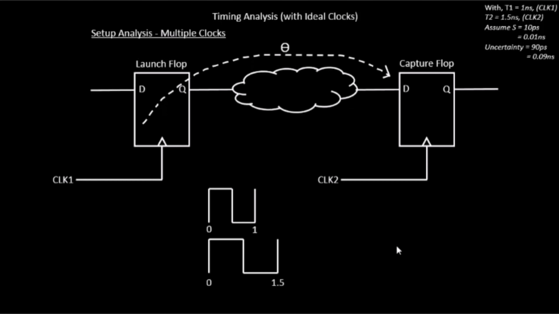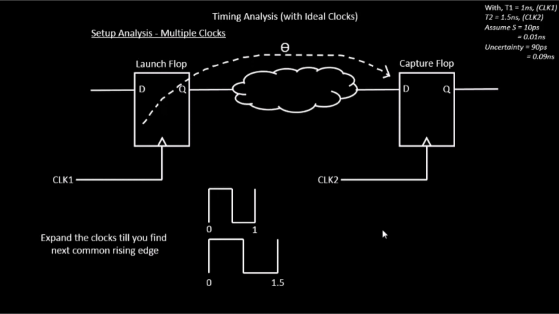The analysis pretty much remains the same. Only at what point we need to analyze this has to be found out. So here are a few steps or tips to do it. The first step is to expand the clocks. We have to expand each clock till a point where you see a common edge, because setup timing analysis works on rise to rise edge, the rise edge at the launch flop and the rise edge at the capture flop.